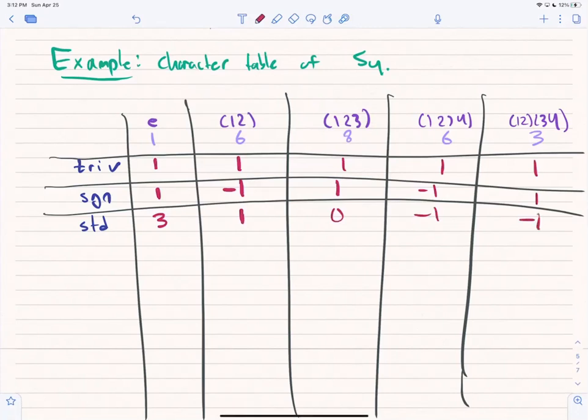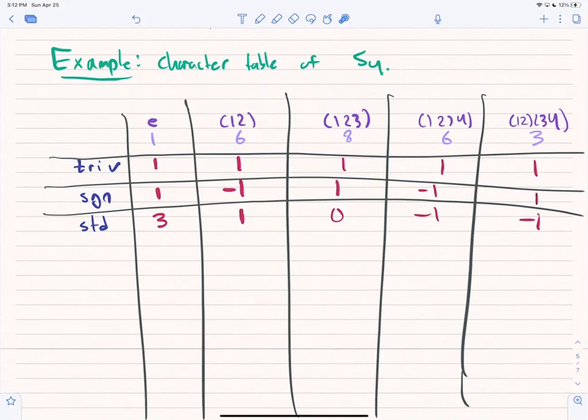And maybe a quick sanity check, we can check some orthogonality to make sure we did this computation right. Let me check with the trivial representation. So 3 plus 9 plus 0 minus 6, minus 3, that's 0, good. So we have 3 plus 6, minus 6, minus 3.